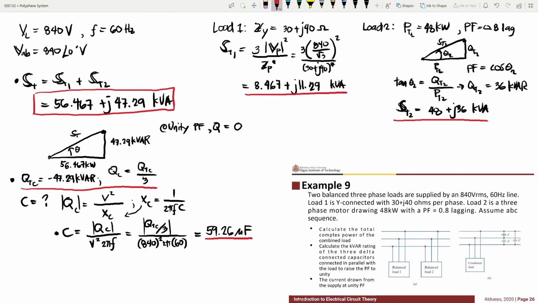The last question is the current drawn from the supply at unity PF. We have a total power of 56.467 kilowatts at unity PF.